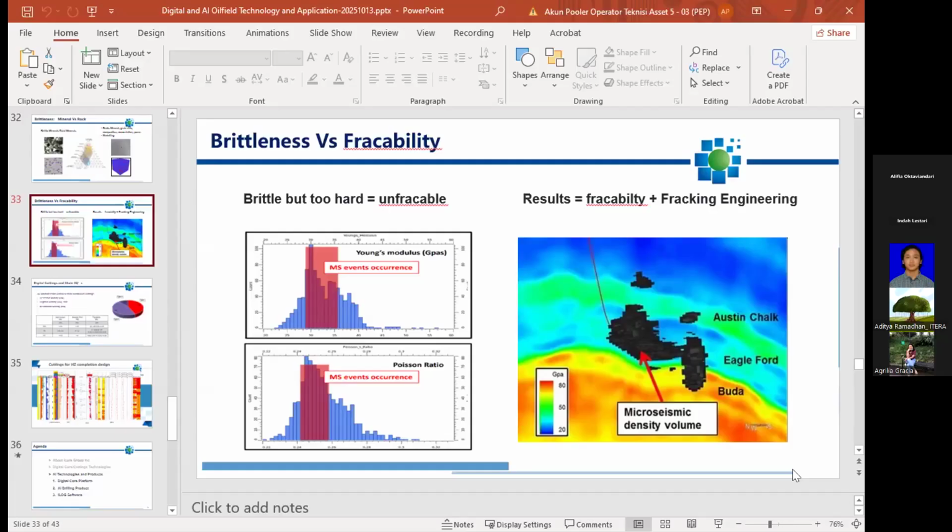This is data I took from my work back in the United States. I'd love to share these slides. You all know microseismic, right?